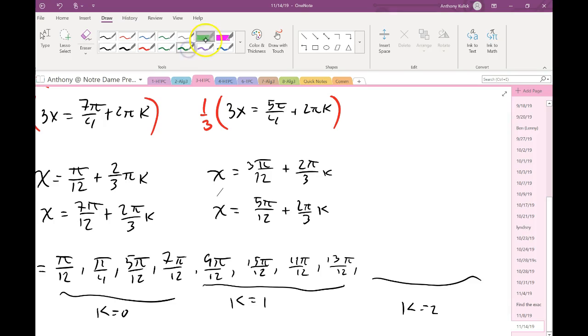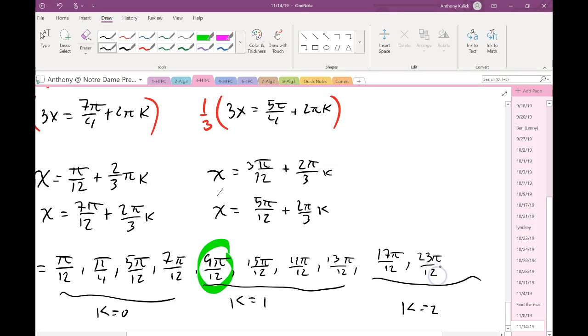So if I add 8 pi over 12 to this, I get 17 pi over 12, still less than 2 pi. And then I get 23 pi over 12. Again, still less than 2 pi. I get 19 pi over 12.